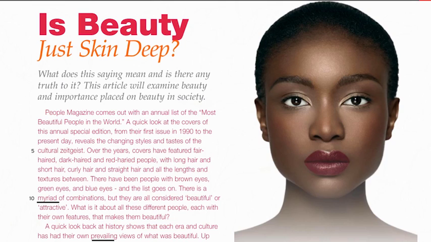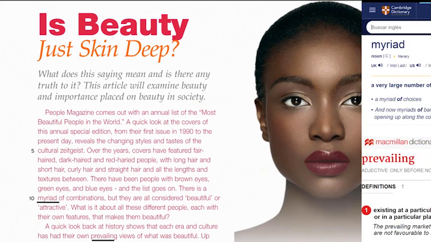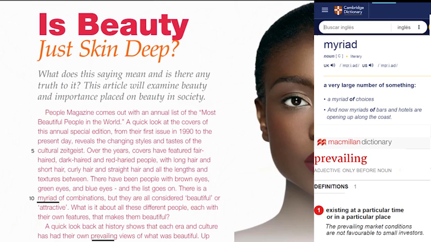With this, I can guess that there are many combinations. That's what the context tells me. So let's see. In the Cambridge Dictionary, myriad says that it's a very large number of something. So yes, it's what we thought according to the context. And prevailing is existing at a particular time or in a particular place.